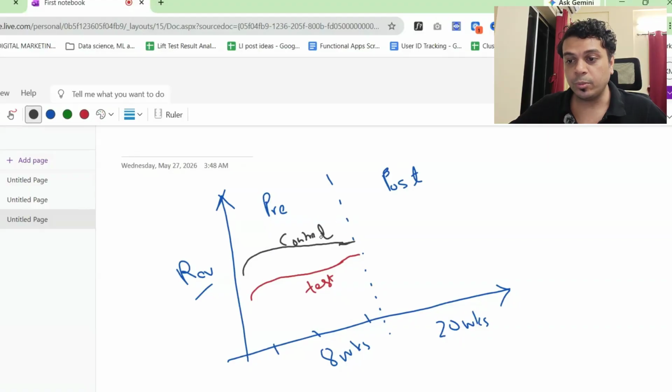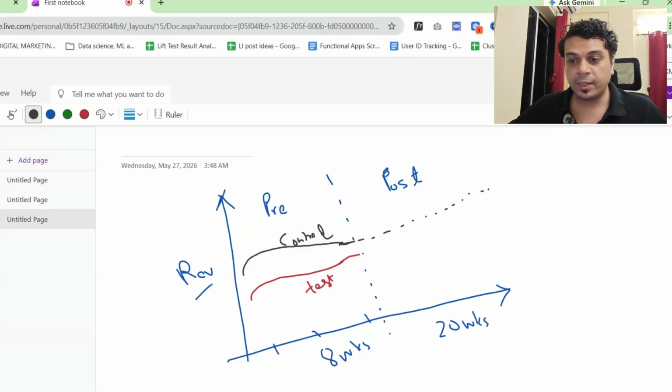So the control geos simply means that this is where you did not run that test. You did not launch the YouTube campaign, so they were not exposed to the YouTube campaigns.